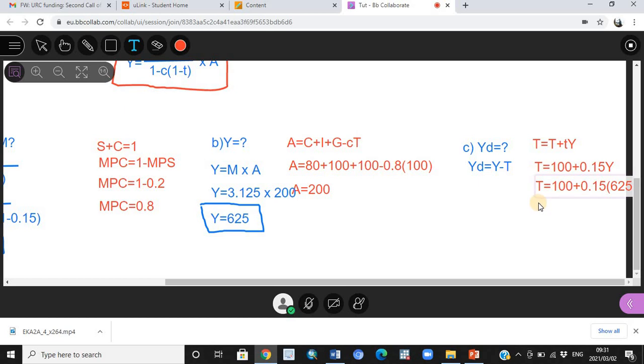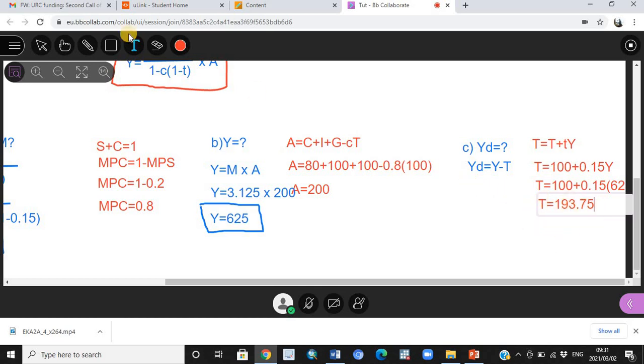This should be equal to 193.75. So this is our T.